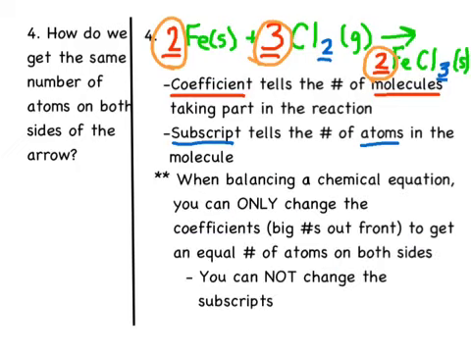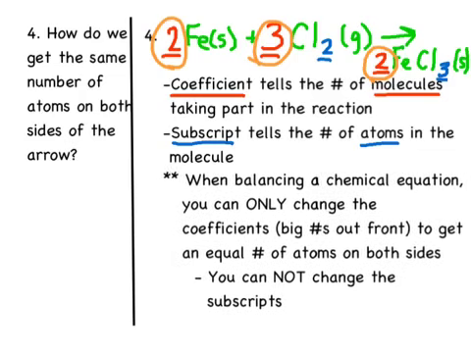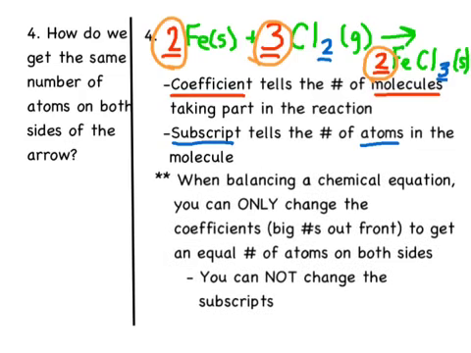When you're balancing a chemical equation, you can only change the coefficients, okay? Not the subscripts, not those little ones. So let's take a look and see how we do this. What is the method for balancing these chemical equations?